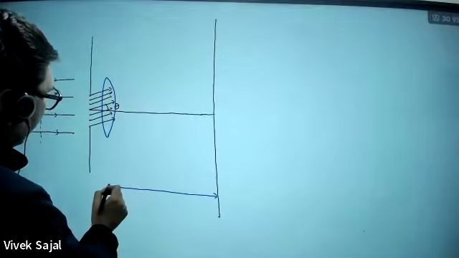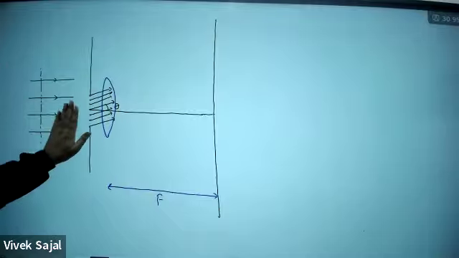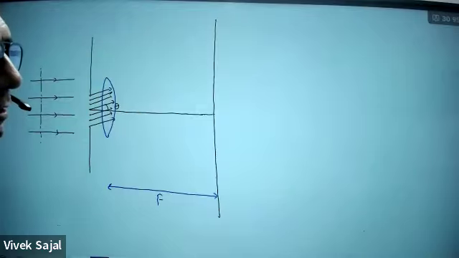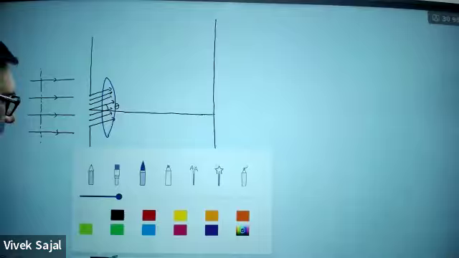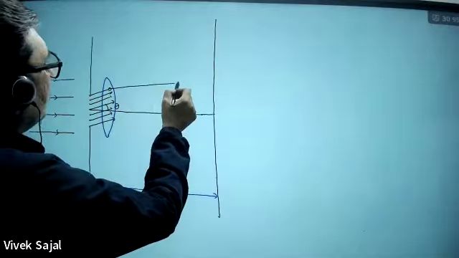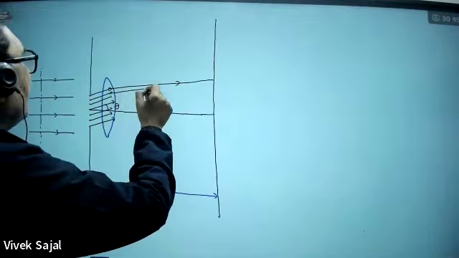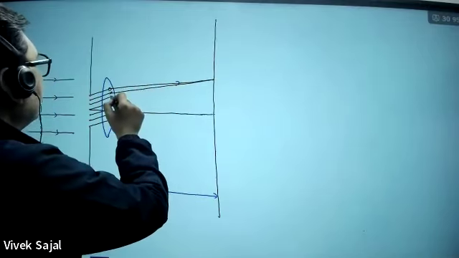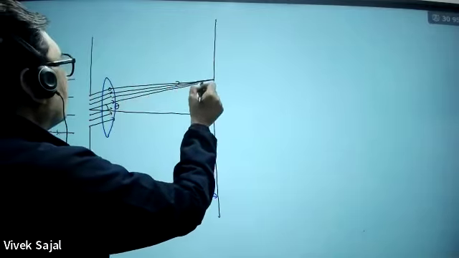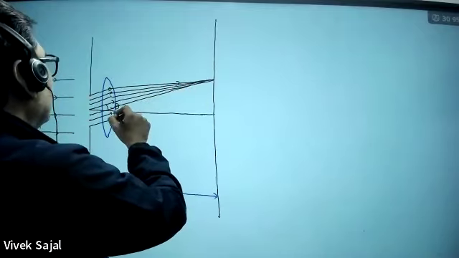The separation between this screen and this lens will be equal to f. Now this parallel beam of light is passing through this lens, so this convex lens will converge it into its focal plane. This is the focal plane of this lens. So all these waves are going to focus here, at this point.